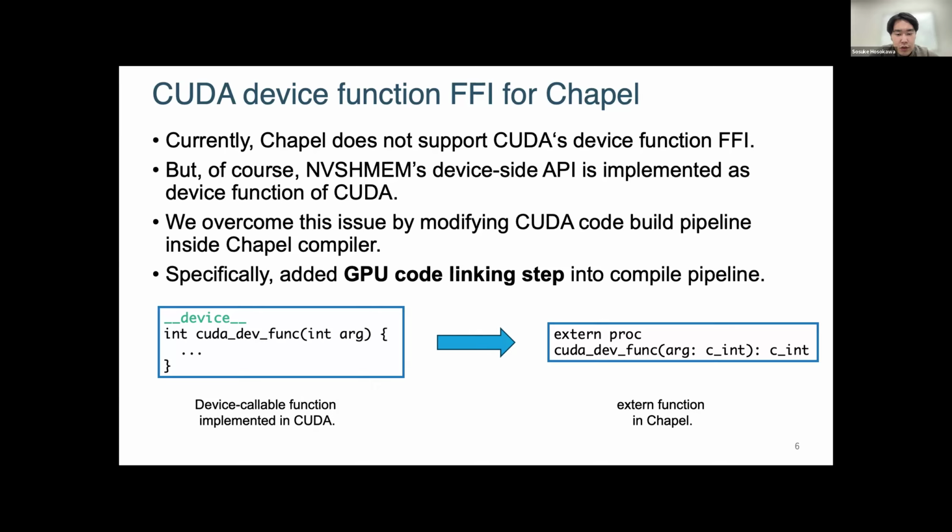So to solve this, we modified the Chapel compiler's CUDA build pipeline to support device function FFI. In particular, we added a GPU code linking step into the compilation pipeline inside the Chapel compiler so that Chapel can link and call those CUDA device functions properly.